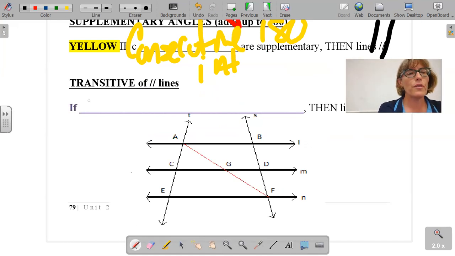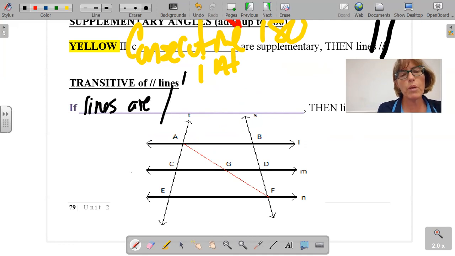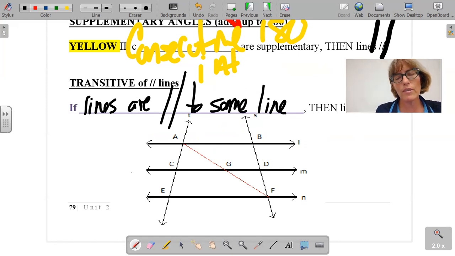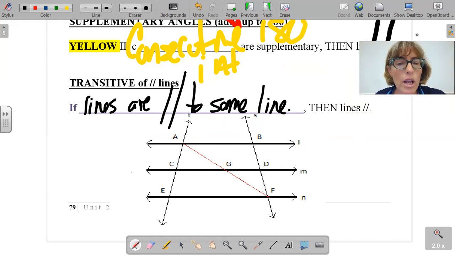If lines are parallel to the same line, then those lines are parallel to each other.